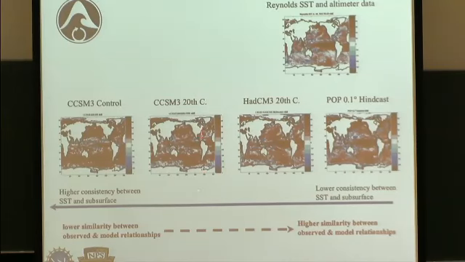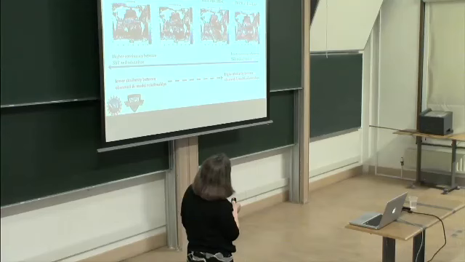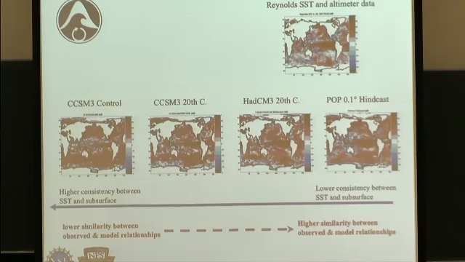The 20th century has degraded somewhat, and then the Hadley and the POP 1/10 of a degree model show similar patterns in their relationship, and they're similar to what the observations show. I wanted to understand why this is happening, especially between the 20th century simulations, and what causes the differences between those solutions.